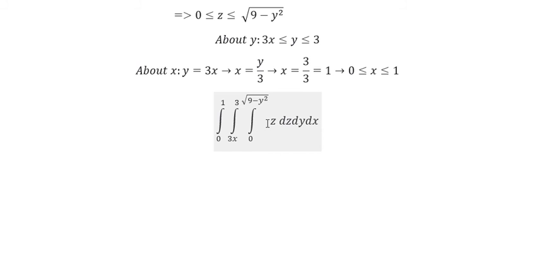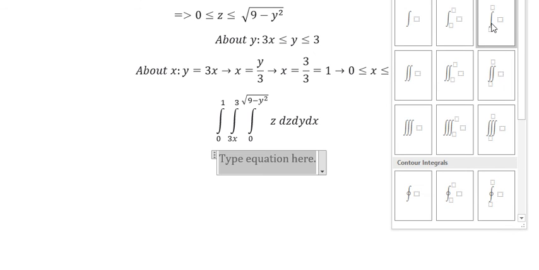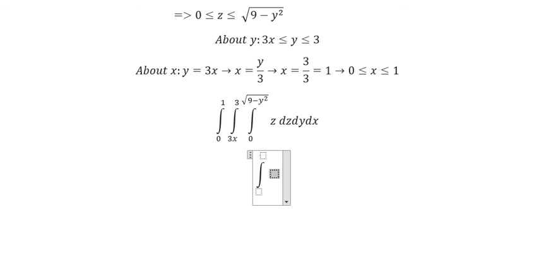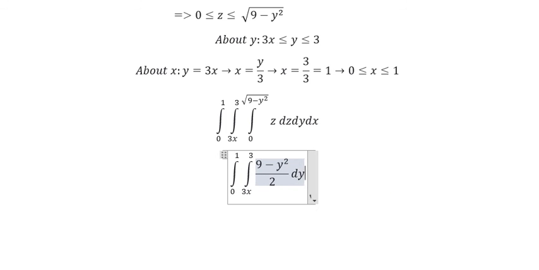First, the integral of z is z squared over 2. So we put it in here and we get (9 minus y squared) to the power of 2, over 2, dy dx.